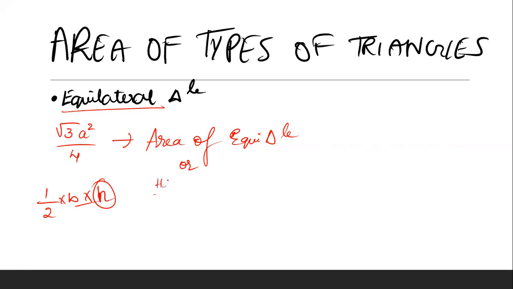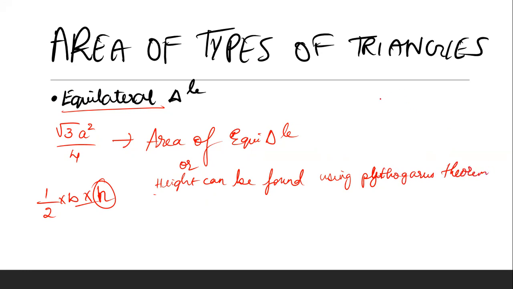The height can be found using Pythagoras theorem. Suppose, let's say that I have a triangle as such, and this is the height.